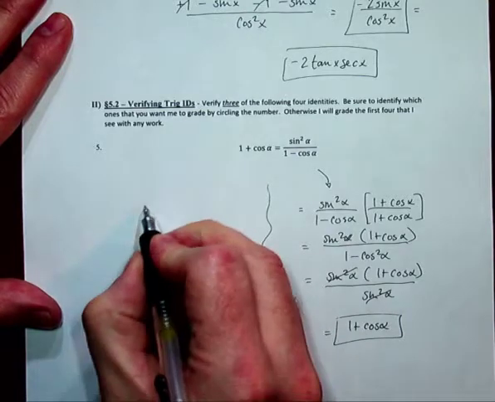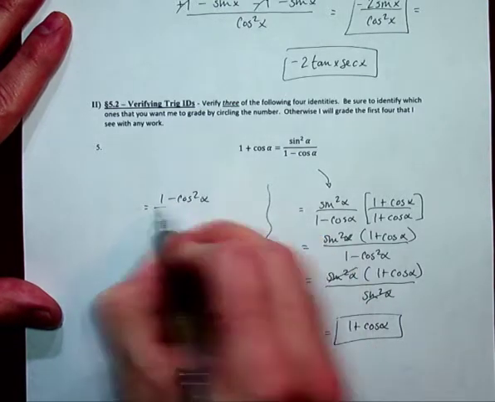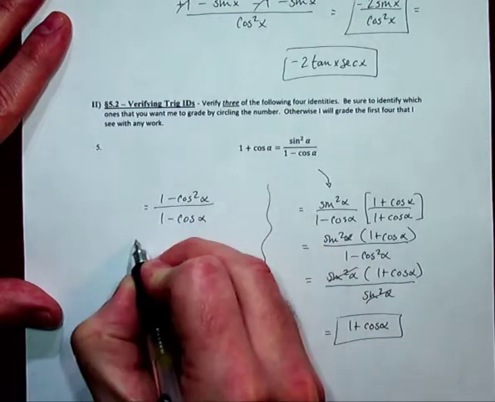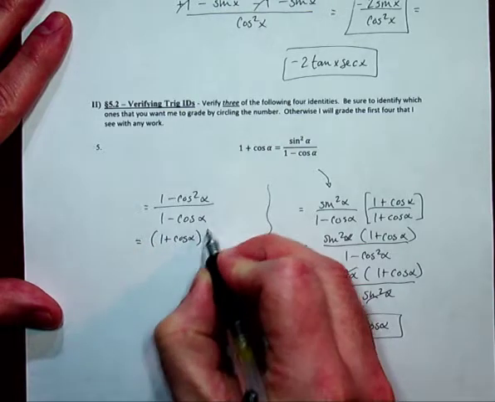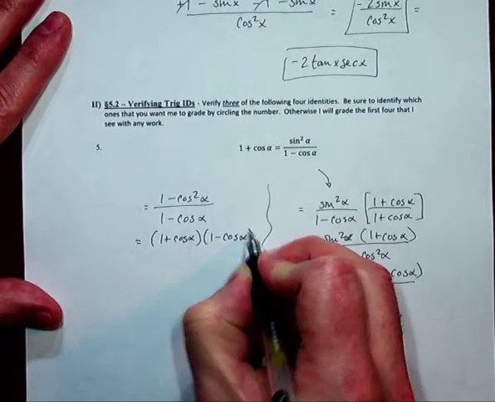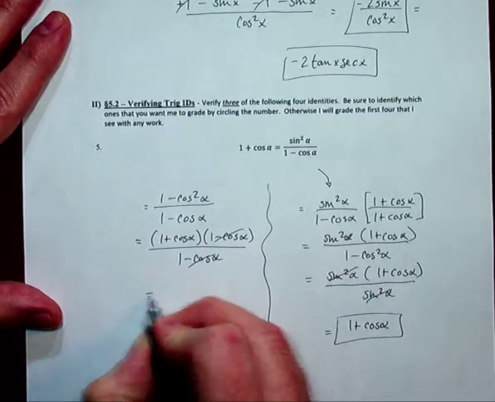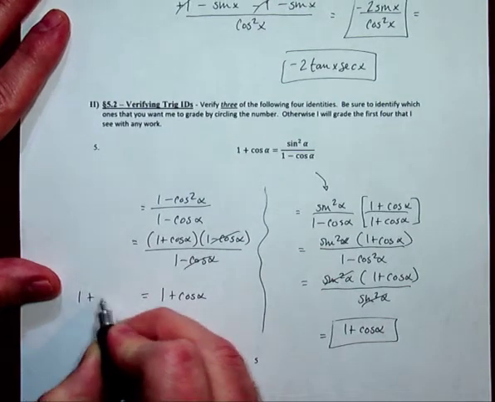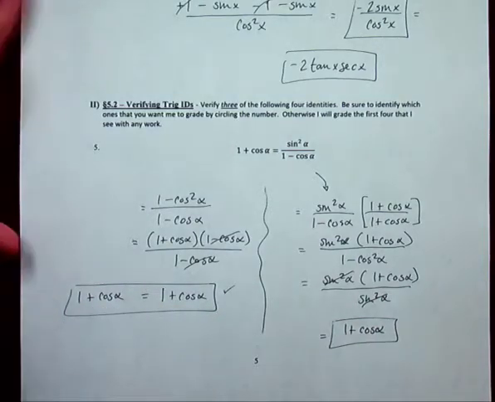A little bit easier, you could have just changed that numerator into 1 minus cosine squared alpha, and then factored it by the difference of two squares. Boom, boom, and you get 1 plus cosine alpha is equal to, of course, 1 plus cosine alpha, and that verifies, okay?